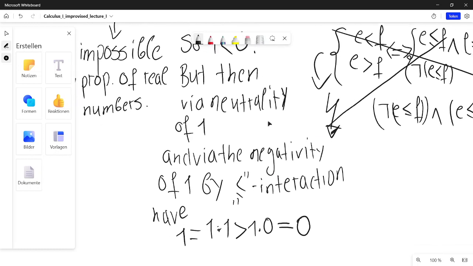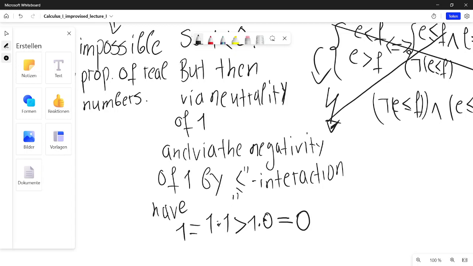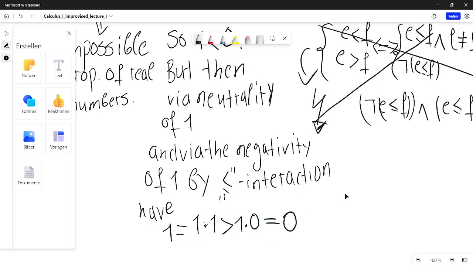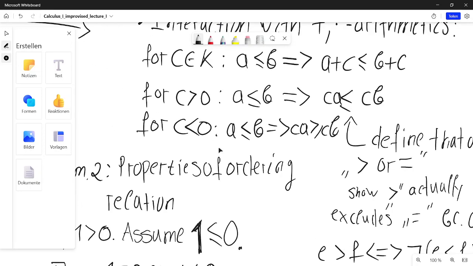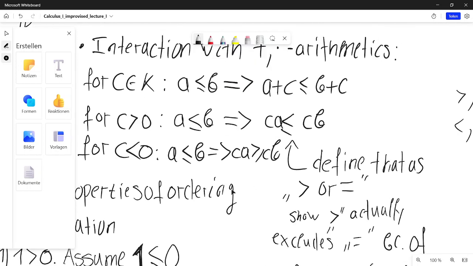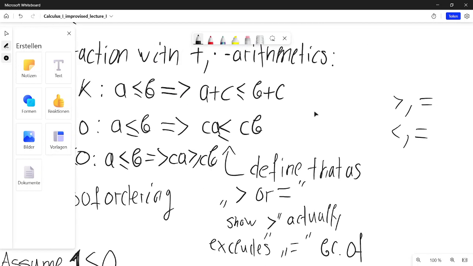Okay, neutrality of 1, right? Here just neutrality of 1. Here just this with iteration. We have assumed that it is negative, right? But for negative numbers, that works, right? And what does it mean that that works?